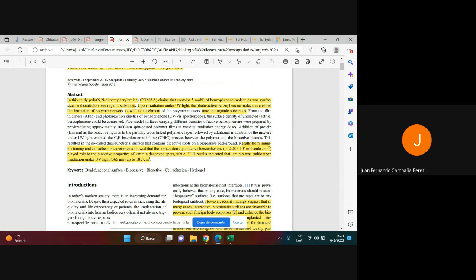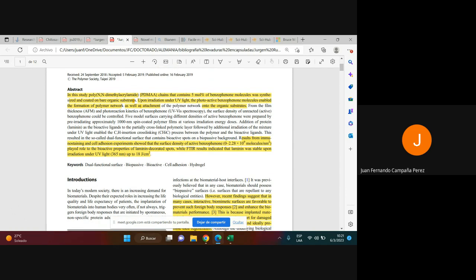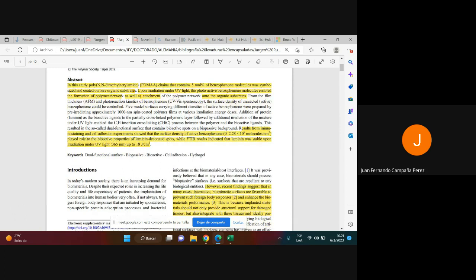Then they use UV irradiation to photoactivate the benzophenone and enable the formation of a network to attach to these organic substrates and later to the cells they want to attach.